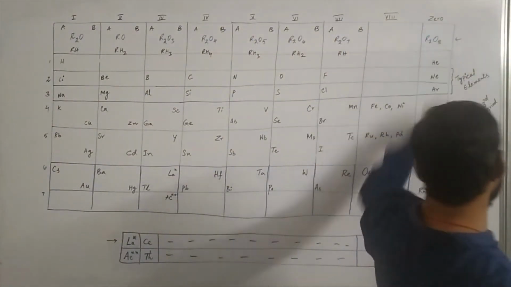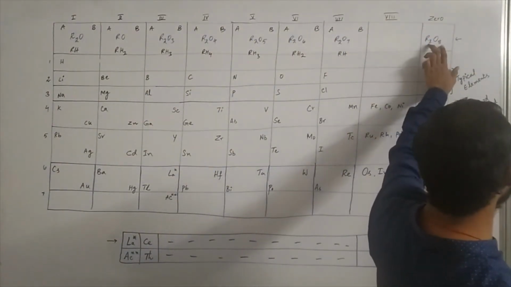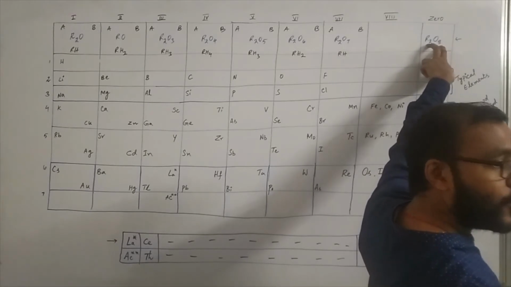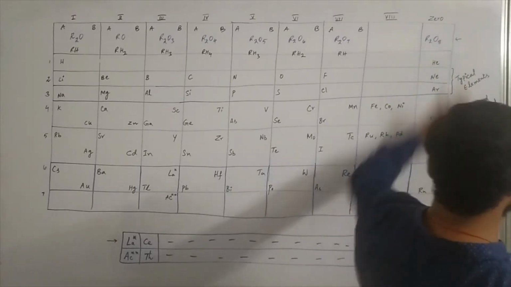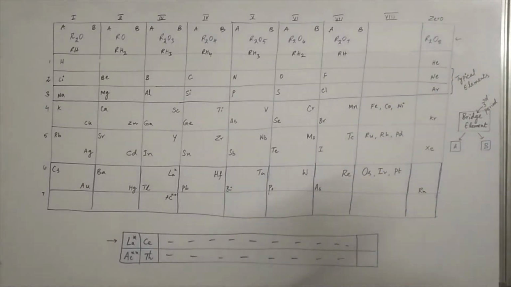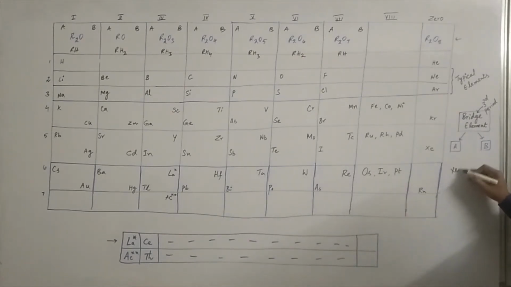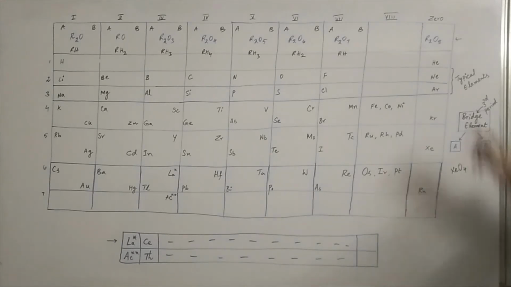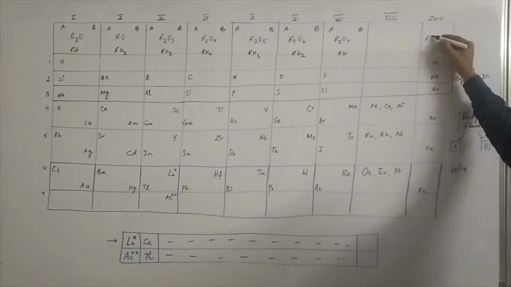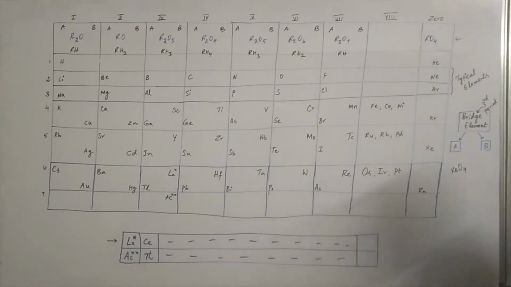Of course, 8th group elements and 0 group elements also form up to R2A. Only a few elements, not all. For example, take xenon. Xenon can form XeO4. XeO4 means nothing but R2A, so can I write that as RO4? XeO4. Right?